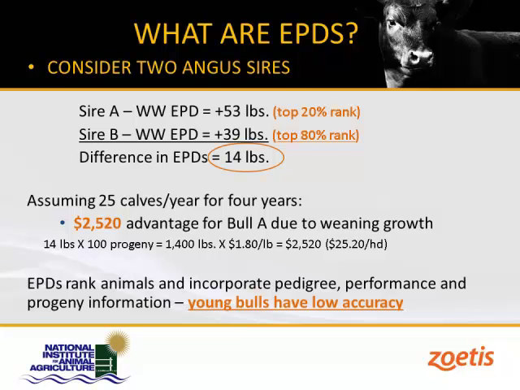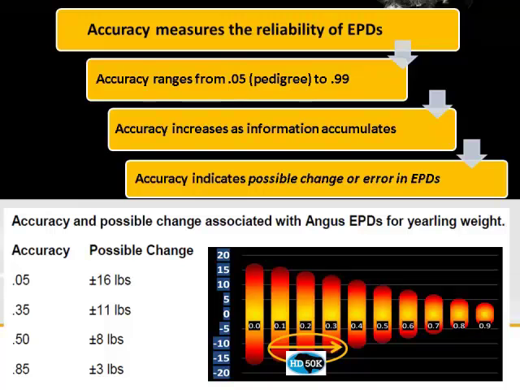To explain accuracy, the next slide indicates that accuracy is a measure that ranges from roughly 0 to 1. As information about offspring of the animal and the animal itself accumulates, accuracy goes up, and the EPD is a truer reflection of true transmitted genetics to progeny. This tries to illustrate that.